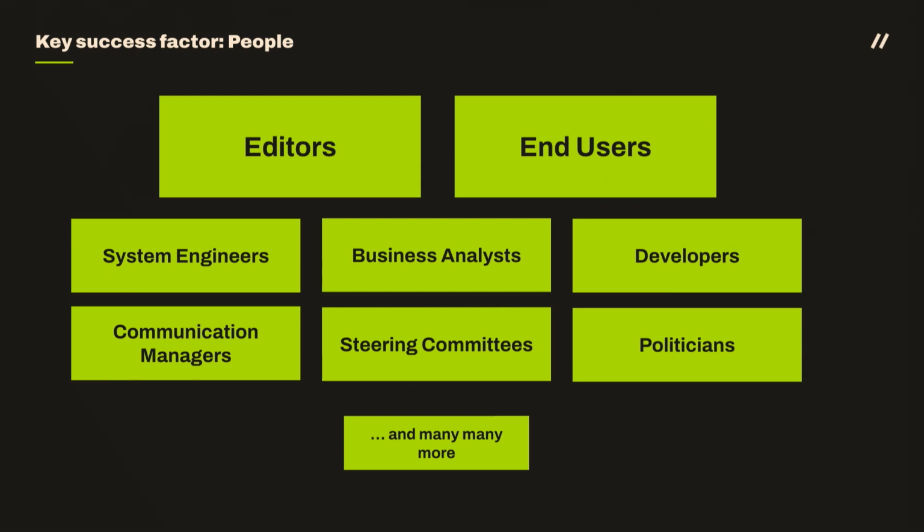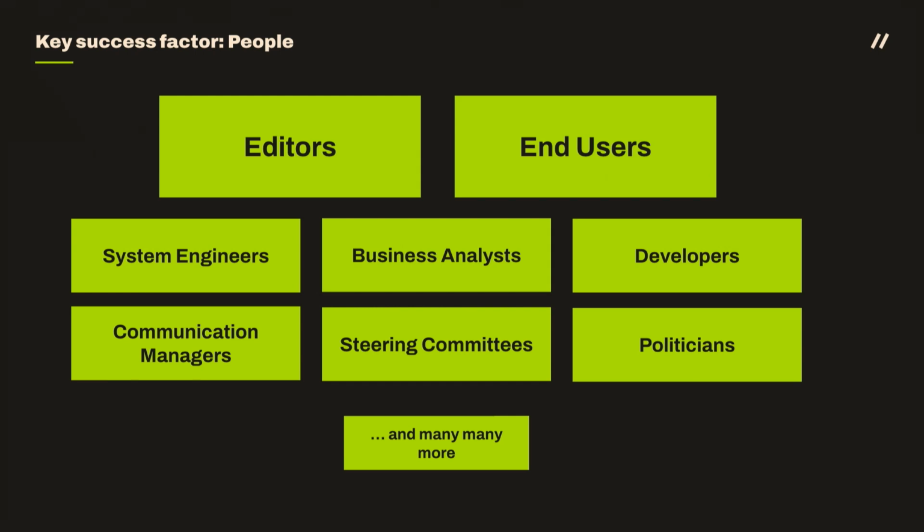But on the second row, you have system engineers, business analysts, developers, designers, UX people, all those involved in the core project team. And in the periphery of these, and I guess in every big organization it's the same, you have also other stakeholders that really can influence the course of the project. So we had to deal with communication managers and their needs and requirements.